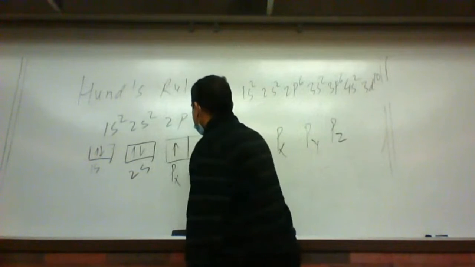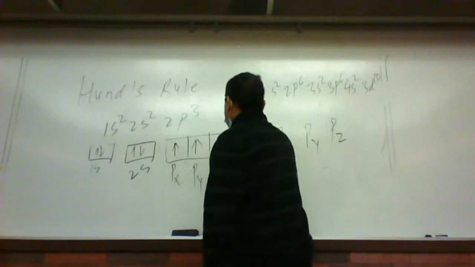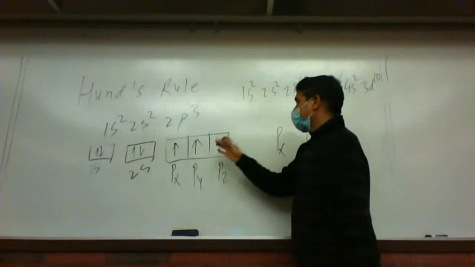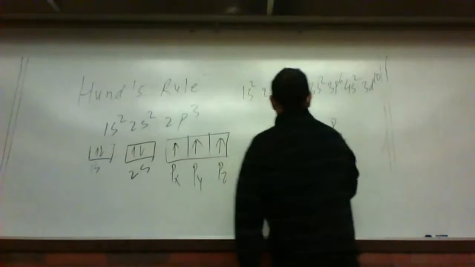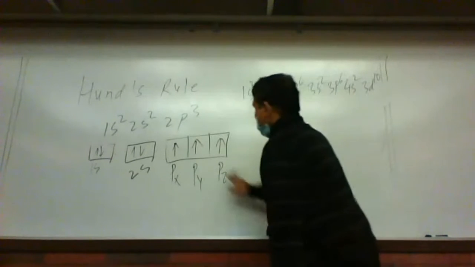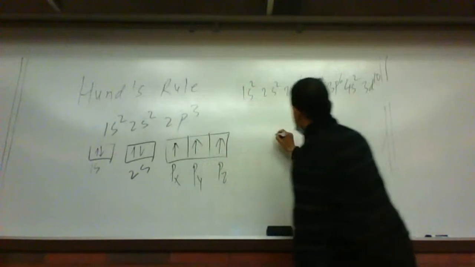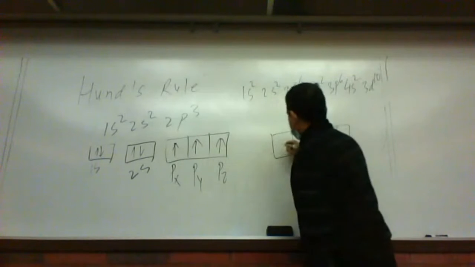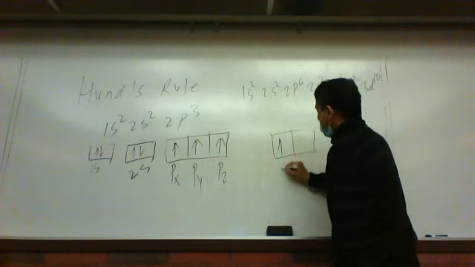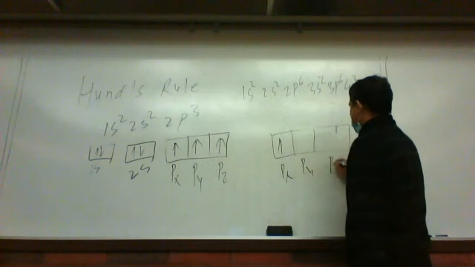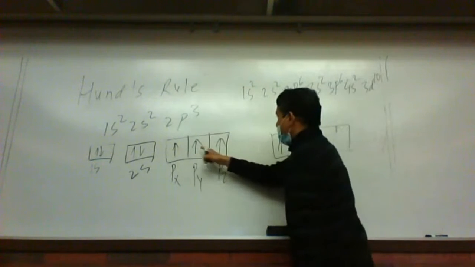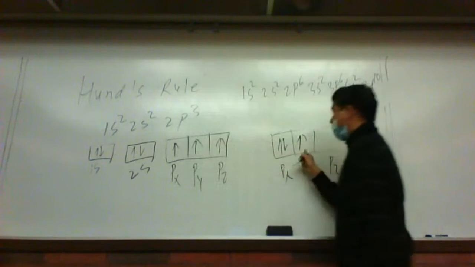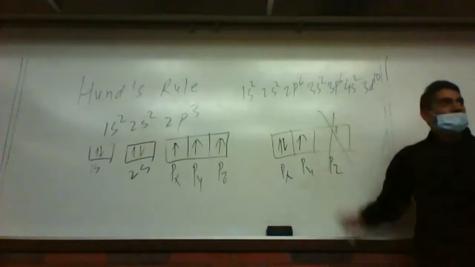There are three electrons, so I put one here, one here, one here. Good, I already put three electrons here. Now this is good, right? But if I put one here and pair this here, and then the remaining ones, you see, if I write this way, this is completely wrong.